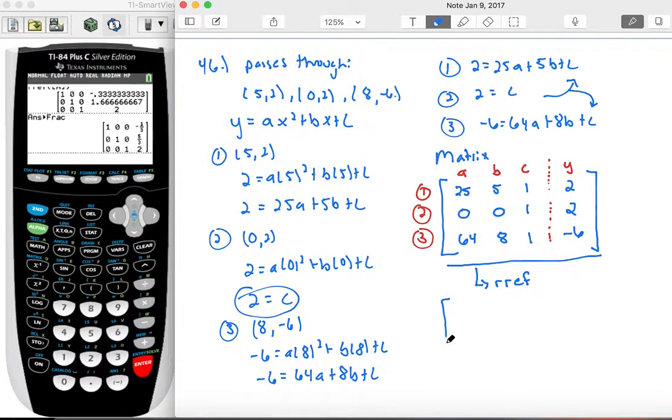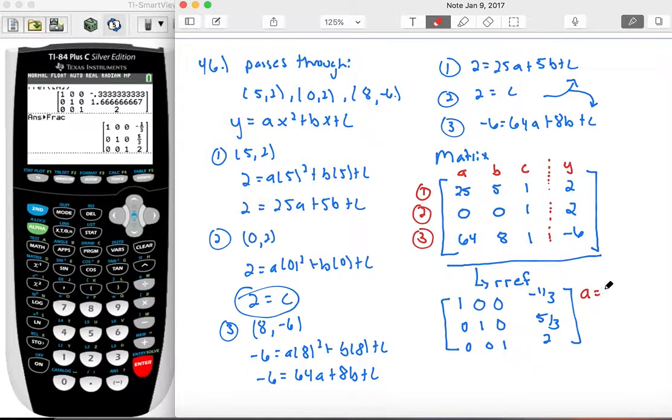So our final answer came out to be 1, 0, 0, negative 1/3, 0, 1, 0, 5/3, and then 0, 0, 1, 2. And if you recall, that was the same answer we got by the longhand method.